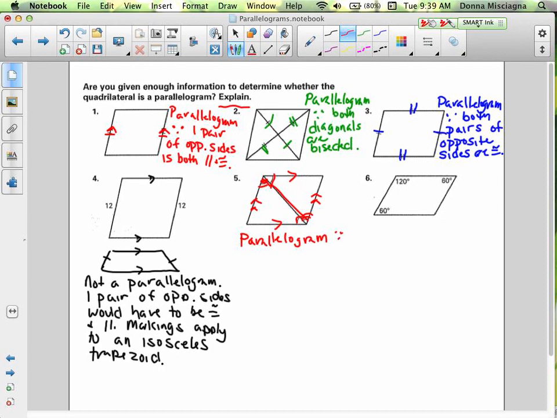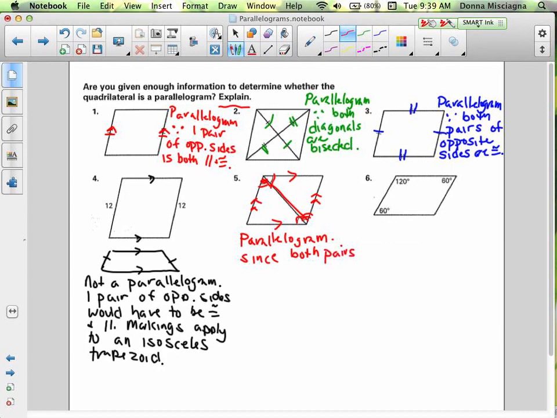This is not a very good sentence, so maybe we should get rid of the because. And let's just put parallelogram and end that. It's a parallelogram.